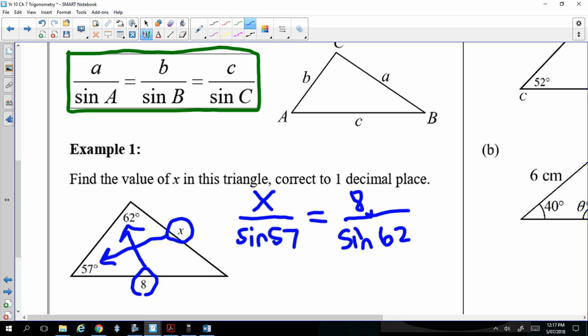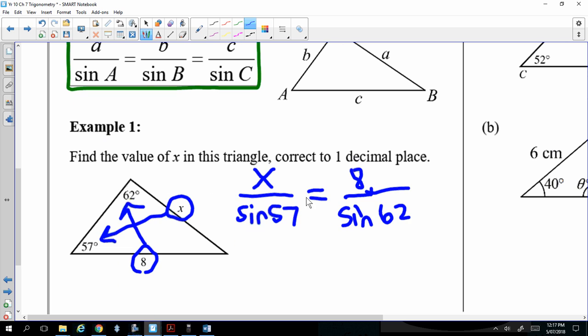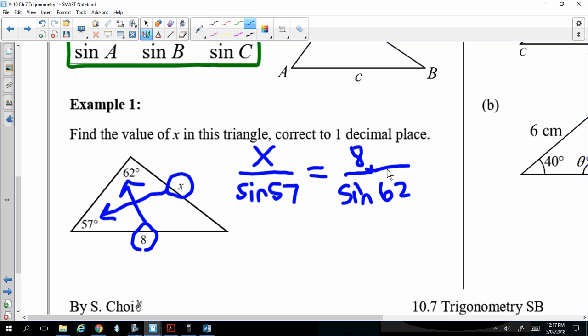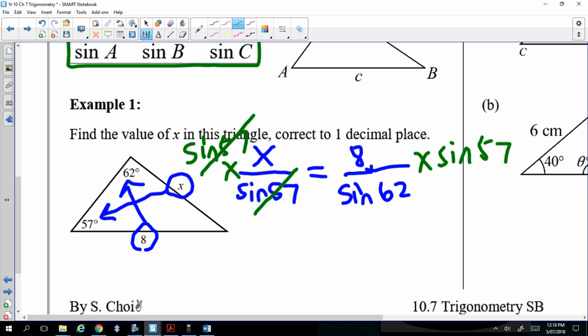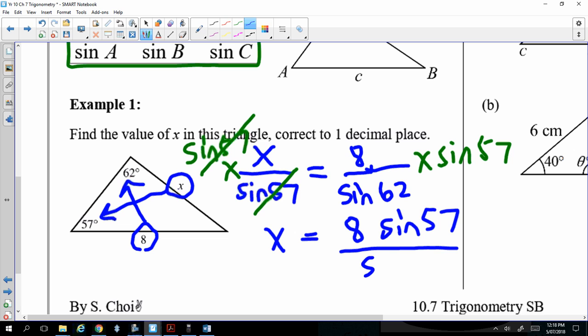Then we can solve for x. Now we have an equation. You don't need all three. You just need two: one missing side, one side that's given. Let's find out what x is. Multiply both sides by sine 57. That gets cancelled. And we end up getting x equals 8 sine 57 over sine 62.